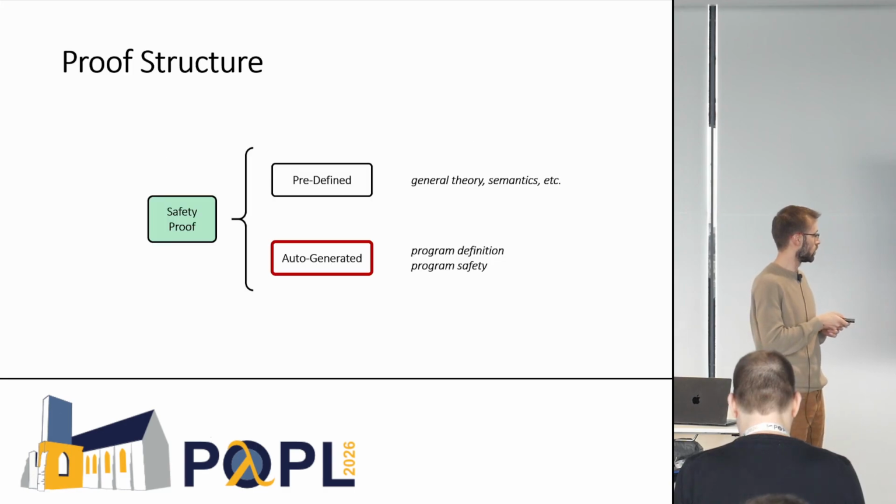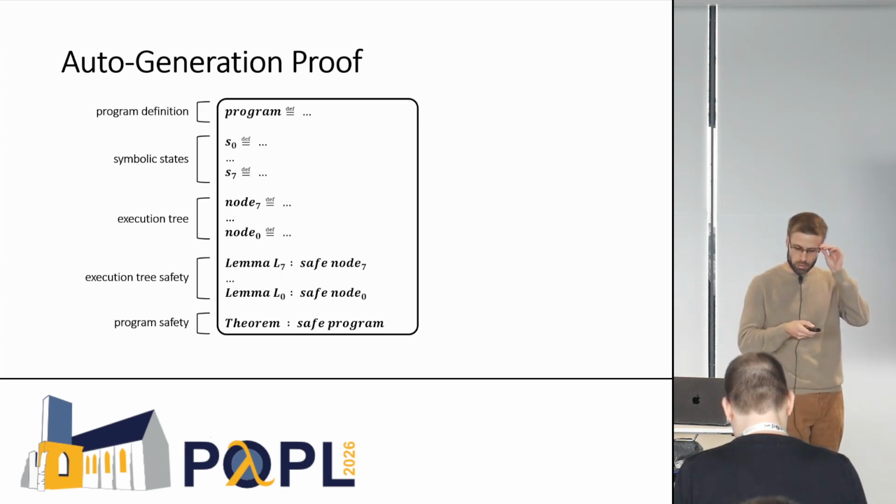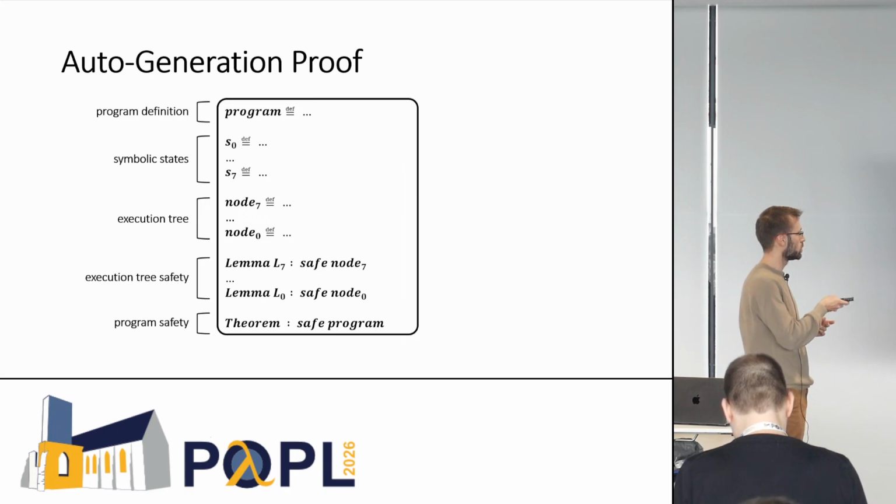So this leads to the second section in the proof, which is done by the analysis tool. So let's see what we have here. We have the definition of the program, the symbolic states that we explored.